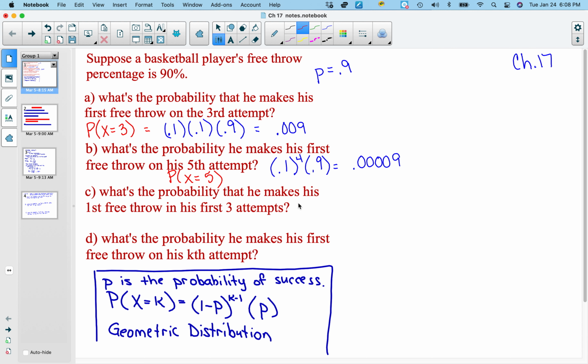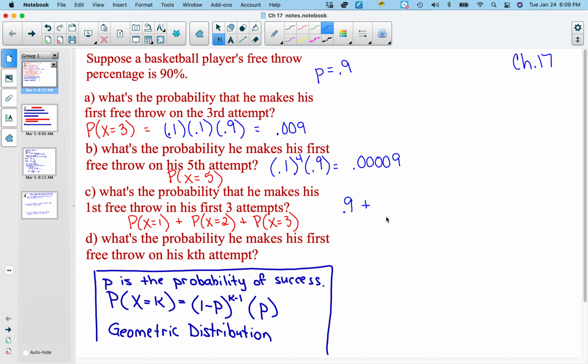So then the probability he makes it in the first 3 could be the probability that he makes it on the first one, or, and we would add, because they're disjoint, the probability that he makes it on the second attempt, or the probability that he makes it on the third attempt. So then I'd have to calculate each one and add those together. Well, the probability he makes it on his first attempt is 0.9, because he doesn't miss it at all, he just makes it.